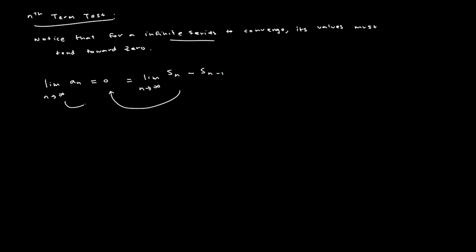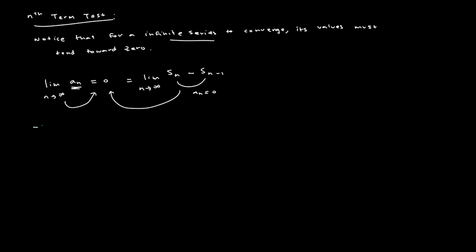So these two limits represent the same thing, but on the left side we're representing the fact that as we increase the number n, the terms have to head towards 0, and then over here we're representing that the sum starts not changing, or the difference between the sum with the nth term and without the nth term should become 0, and that's saying that a of n is simply equal to 0. So these two are saying the same thing, and the nth term test is a test for divergence.